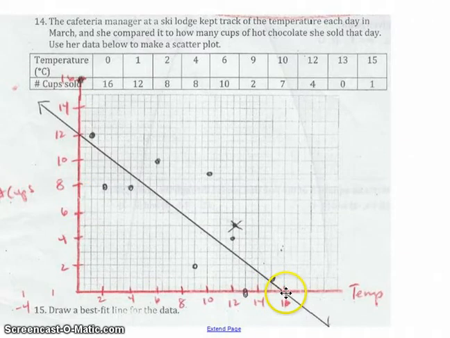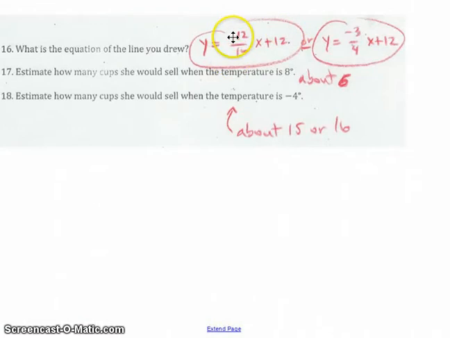I could have picked two other points that are on the crosshairs, but these ones pretty clearly are at 12 here and 16 there. So negative 12 over 16, I can call that my slope, and that's what I said here. But then I simplified it. I realized that negative 12 over 16 is the same as negative 3 over 4. Either of these two equations is a perfectly good answer to number 16.